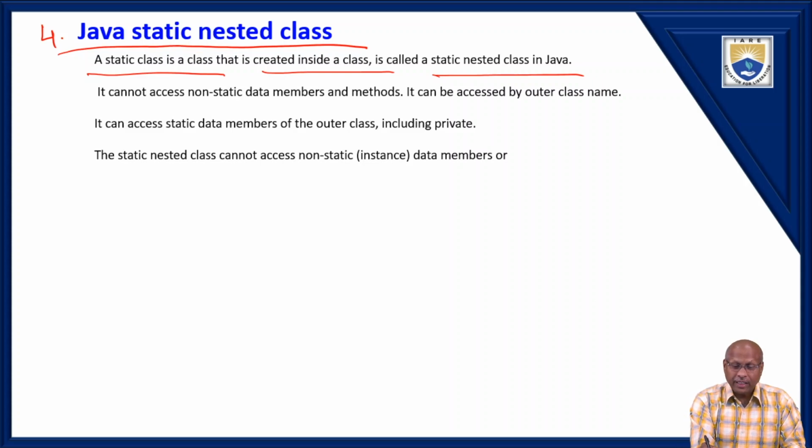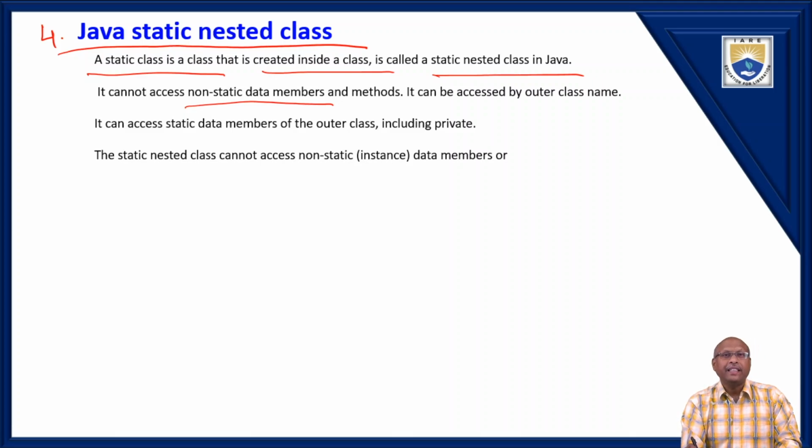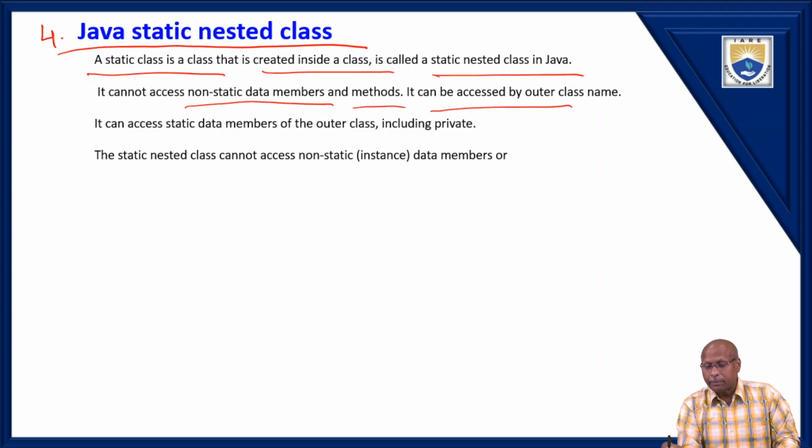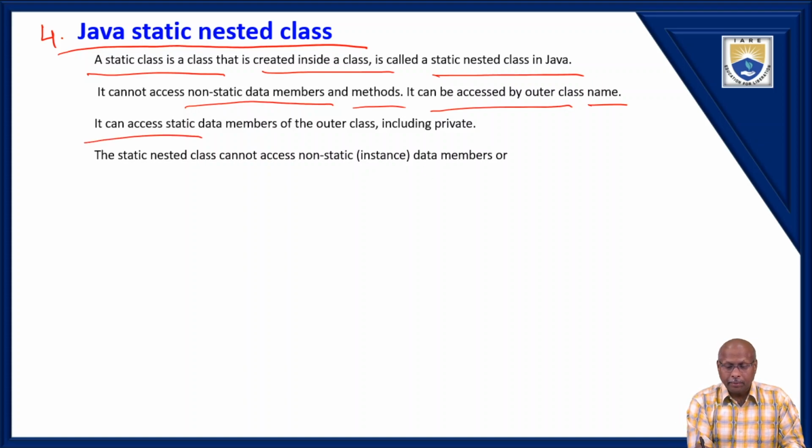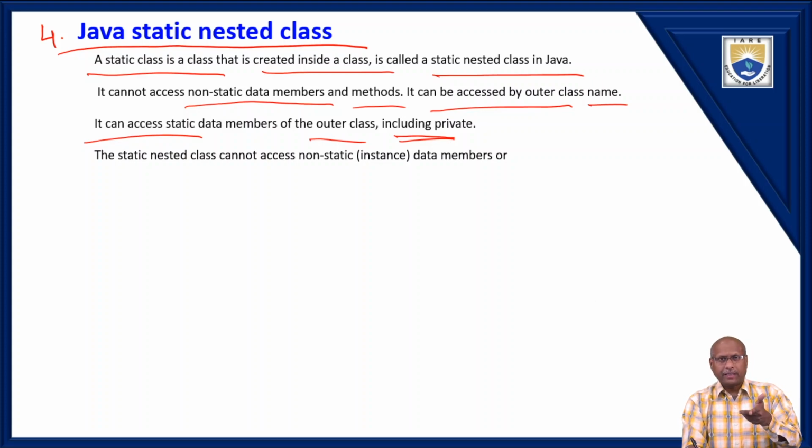It cannot access non-static data members. If the class is static, then it cannot access non-static data members and methods. It can be accessed by the outer class name. It can access the static data members of the outer class, including private ones. Wherever you want to access static, that must also be static.